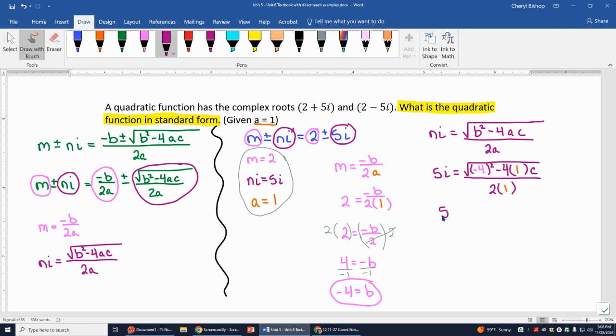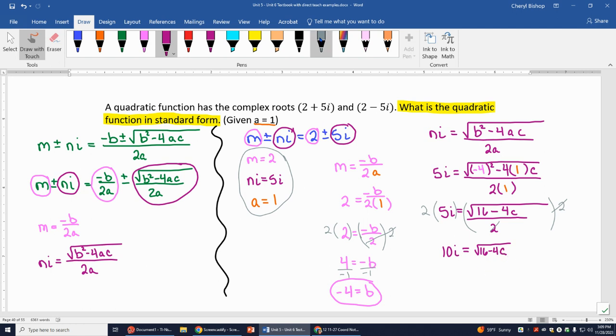So 5i equals the square root of 16 minus 4c all over 2. I'm going to get rid of that fraction by multiplying both sides of my equation by 2, so that that will cancel. And I'll have 10i equals the square root of 16 minus 4c.